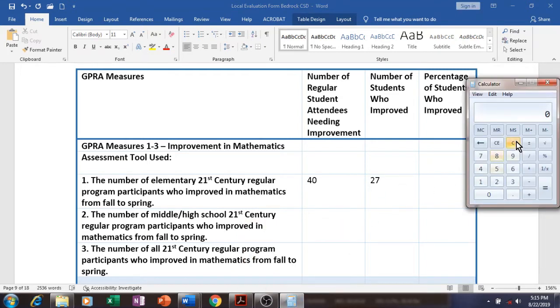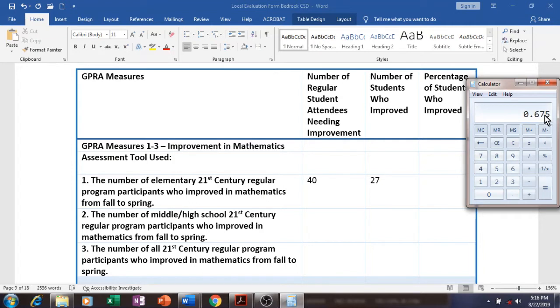Grab a calculator, take the number who improved, the smaller number, divide by the total number needing improvement, the larger number. We get 0.675. We move the decimal 2 places to get the percentage, which would give us 67.5%. But because of reasons I won't go into right now, you want to round that off to just 68%.